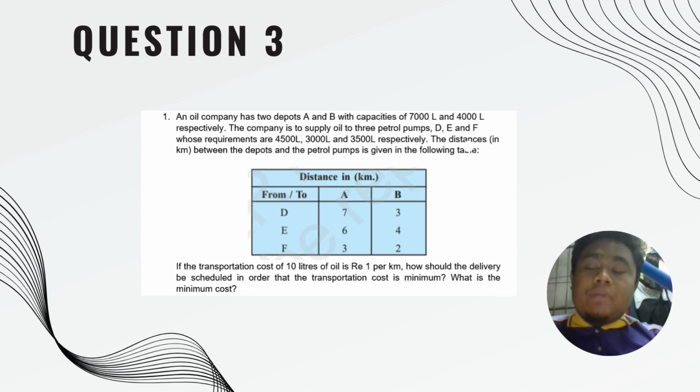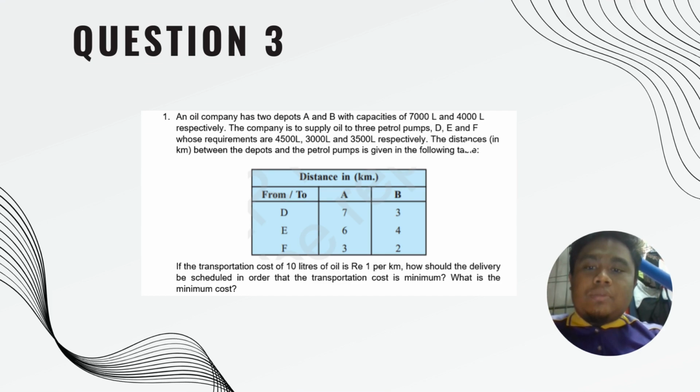Okay, my part is question 3. This question is: an oil company has two depots, A and B, with a capacity of 7,000 L and 4,000 L respectively. The company is to supply oil to three petrol pumps D, E, and F, whose requirements are 4,500 L, 3,000 L and 3,500 L respectively.